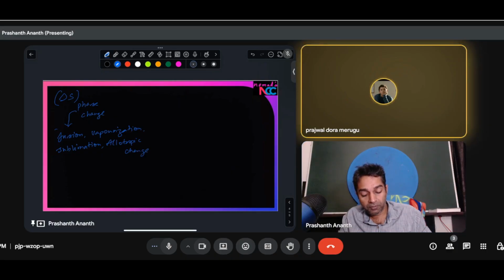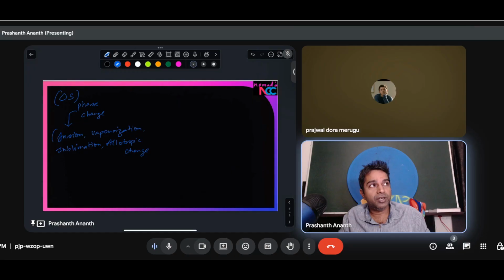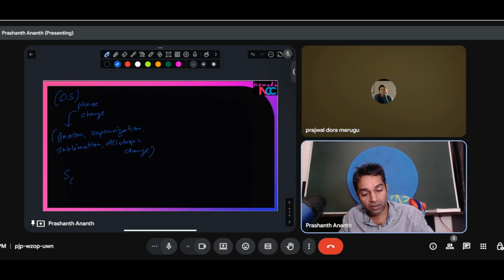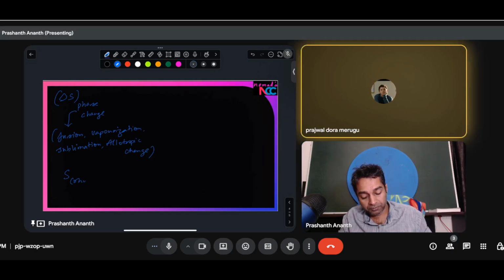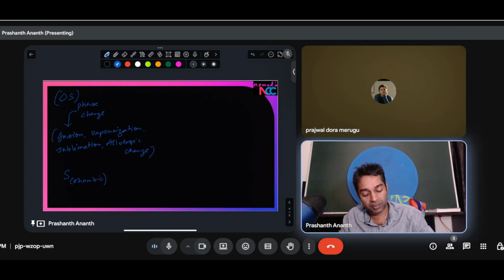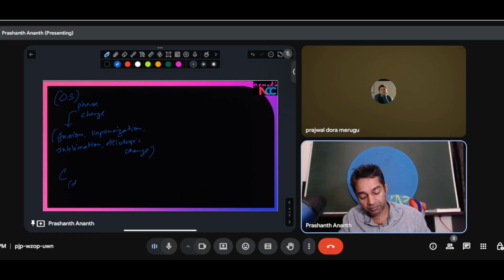So what's allotropic change? Let's say I'm having sulfur rhombic. You have not done group 16 yet? I'll use some other example. Let's say I'm having carbon diamond or carbon graphite.